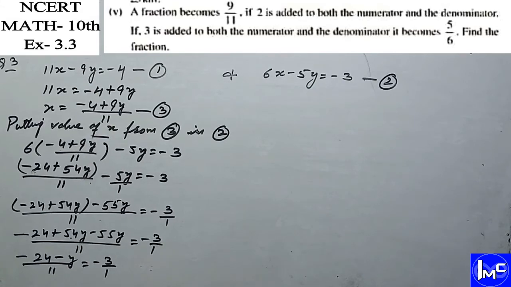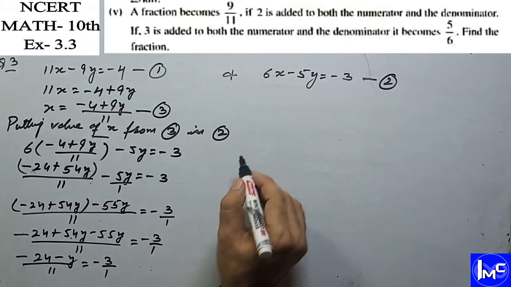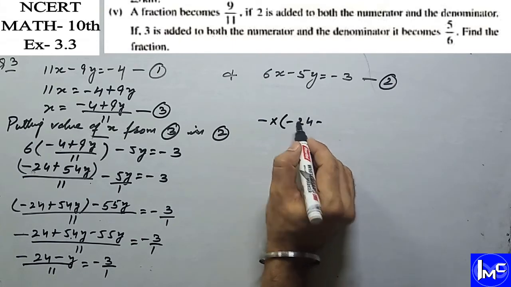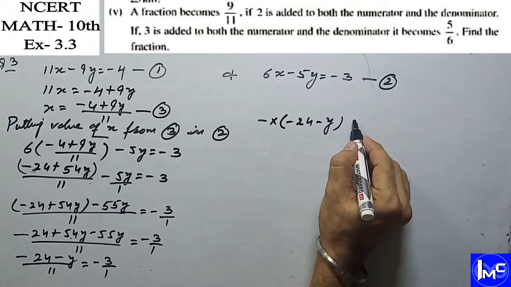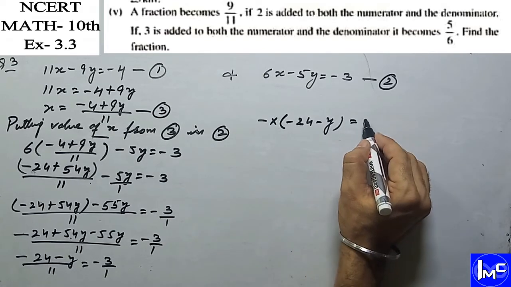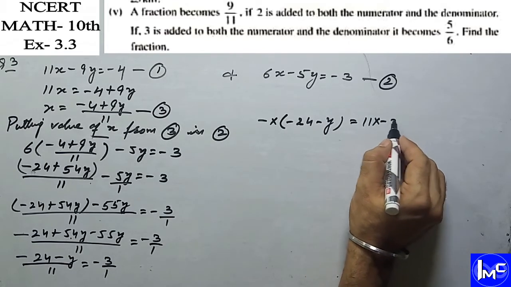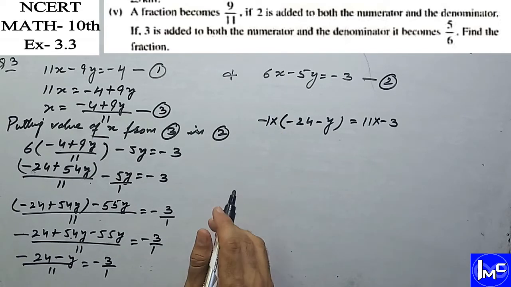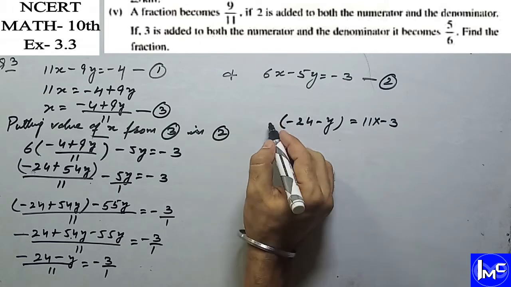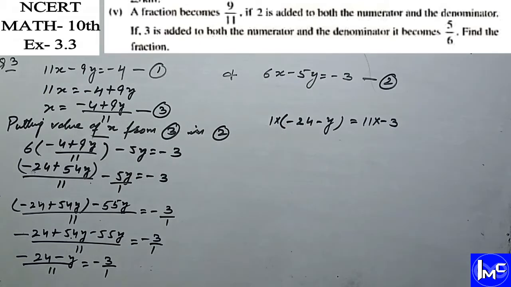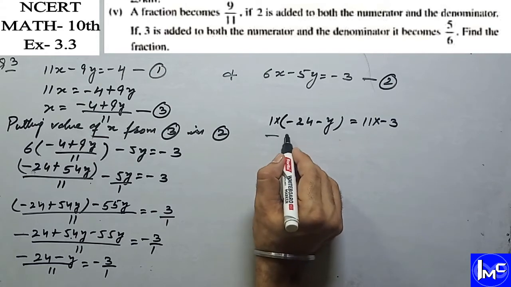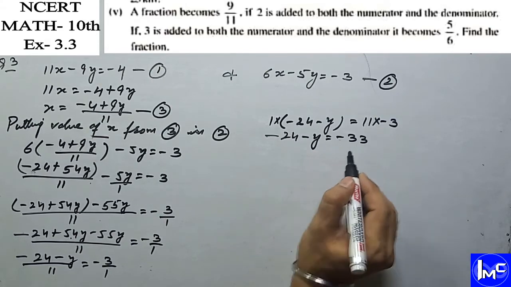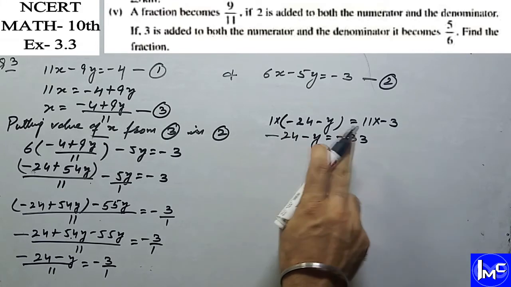By cross multiplying, 1 will be multiplied with minus 24 minus y is equal to, and 11 will be multiplied with minus 3, and it will be minus 24 minus y is equal to minus 33, and 24 will be shifted to the other side.